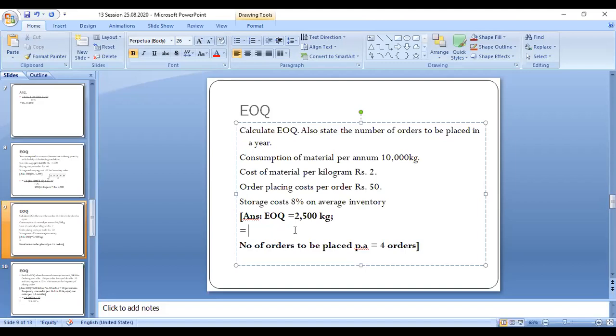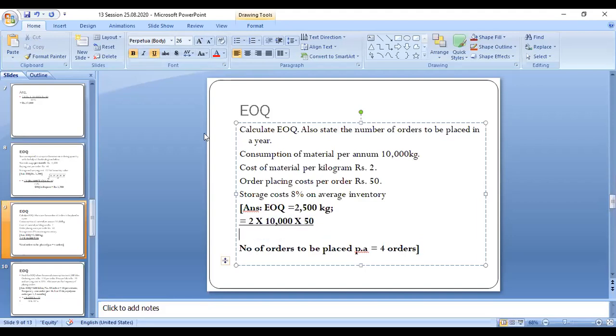The annual requirement is 10,000, given in units, in kilograms, so be very careful. 10,000 you can write, multiplied by 2, and the cost of placing an order is rupees 50, divided by the carrying cost. The cost of material is rupees 2, multiplied by 8%.